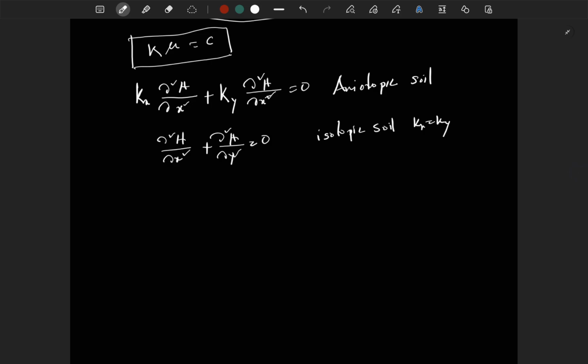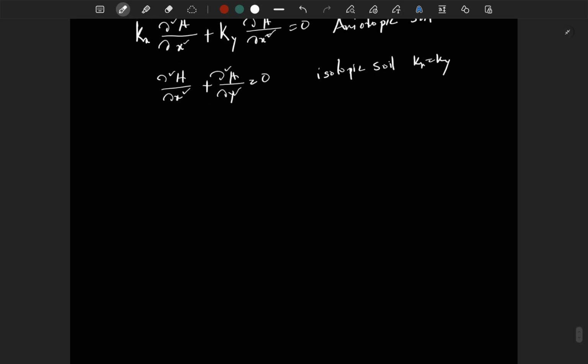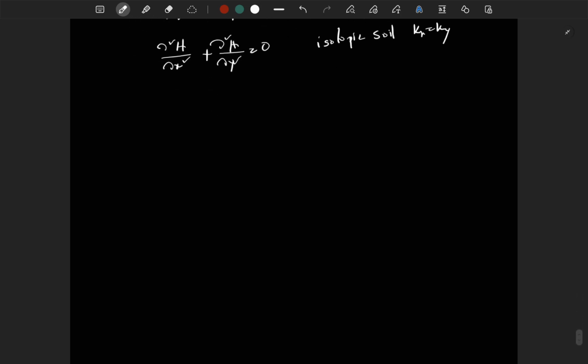Now let us draw a flow net. Before drawing the flow net, let's draw a flow curve. If we construct a gravity dam, this is your water level in this zone.